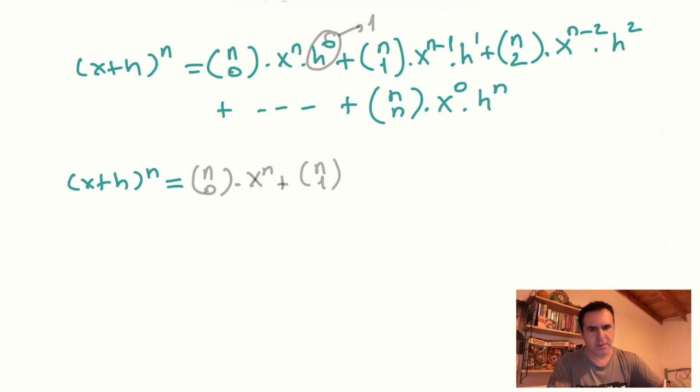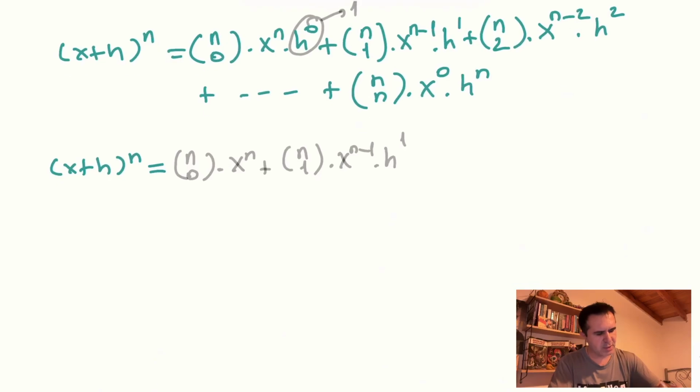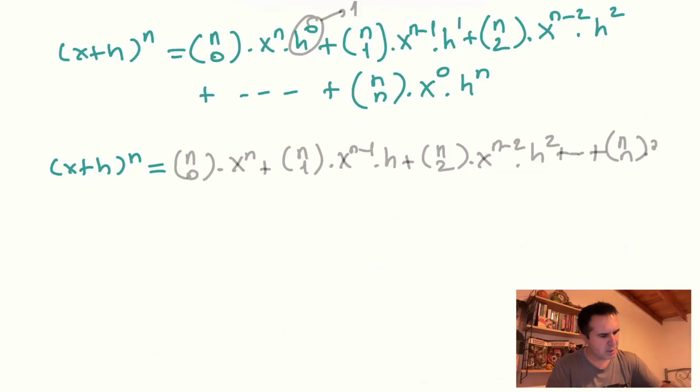Plus n choose 1 times x to the n minus 1 times h to the power of 1, plus n choose 2 times x to the n minus 2 times h square, plus n choose n times x to the 0, which I will not write, times h to the power of n.